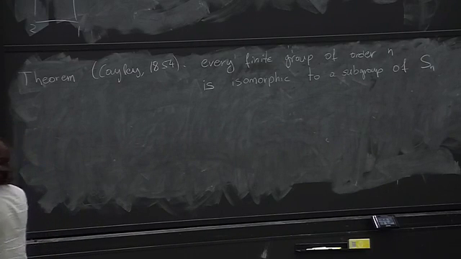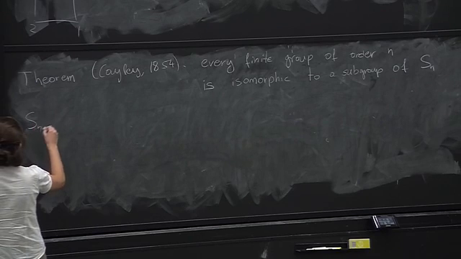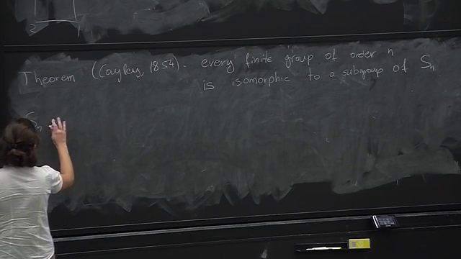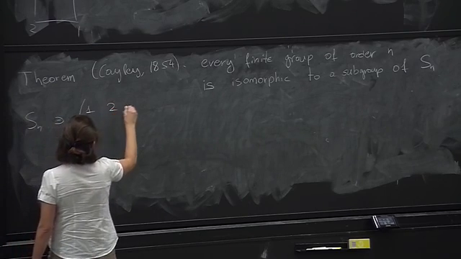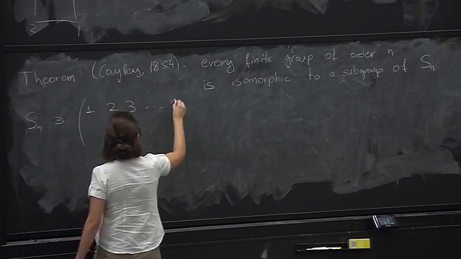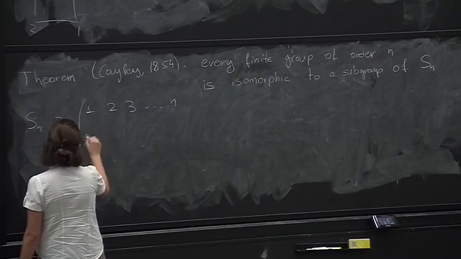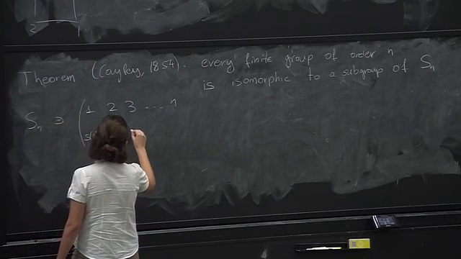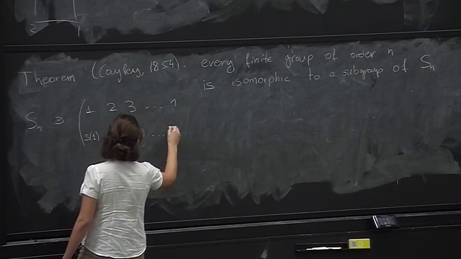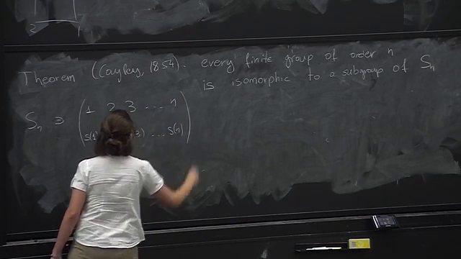So in this notation, we would write the general element of Sn as 1, 2, 3, up to n going to S1, S2, S3, up to Sn.